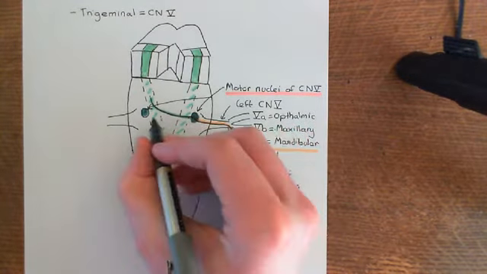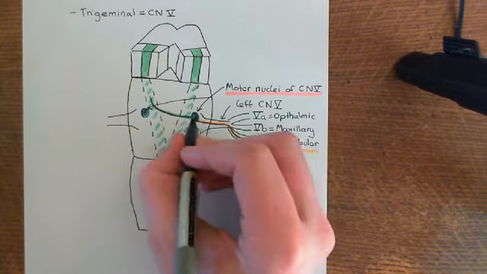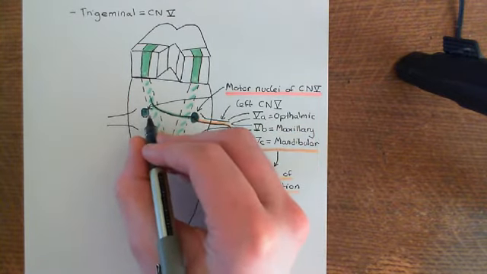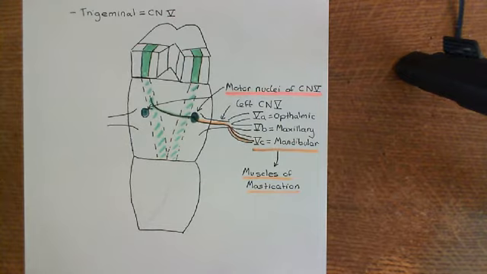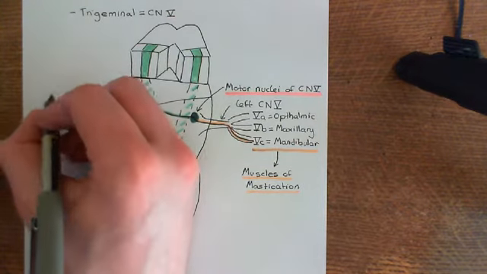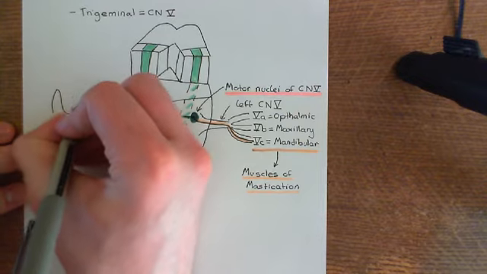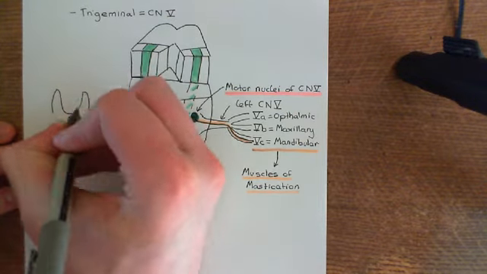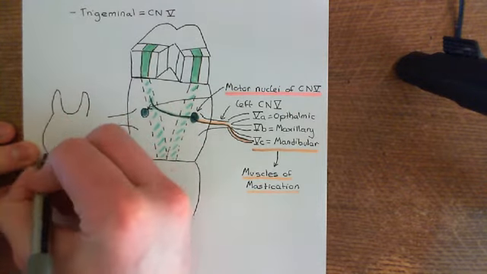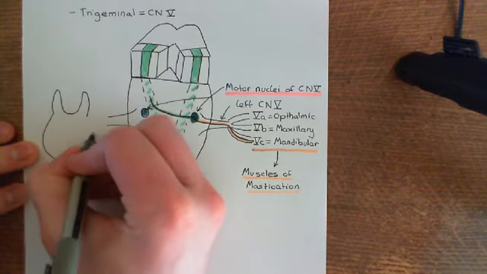Okay, now I'd just like to give you a transverse section of the pons so that I can show you in more detail where the motor nucleus of cranial nerve 5 actually is. If we take a transverse section of the pons, remember you see the middle cerebellar peduncles at the back, like so, and then here is the front of the pons.